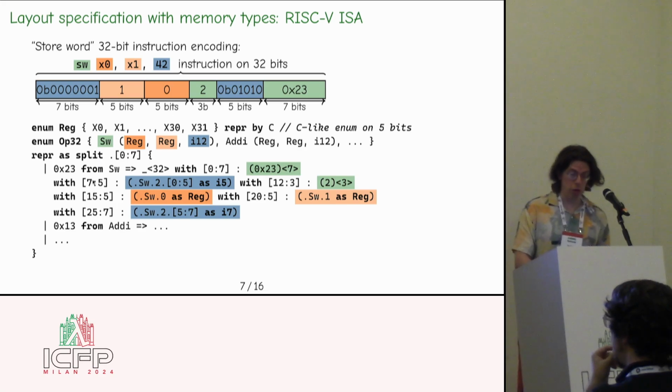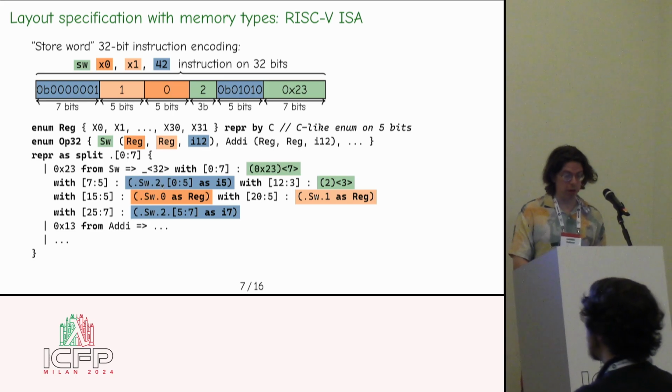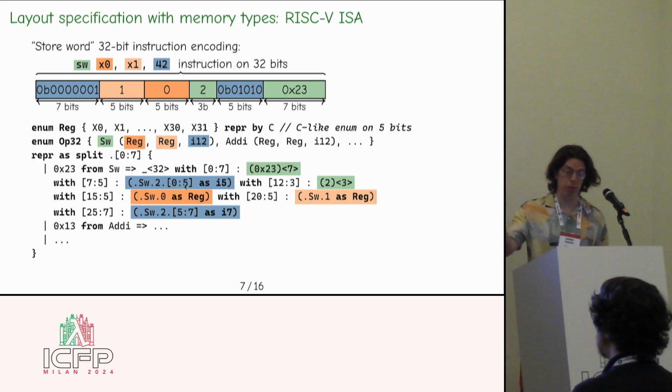And so if I take a concrete piece, for example, the bits from 7 to 5, this corresponds to this piece here. I'm going to have the second field of the SW instruction, and I'm going to take the bits from 0 to 5 as a 5-bit integer and put them at that position.